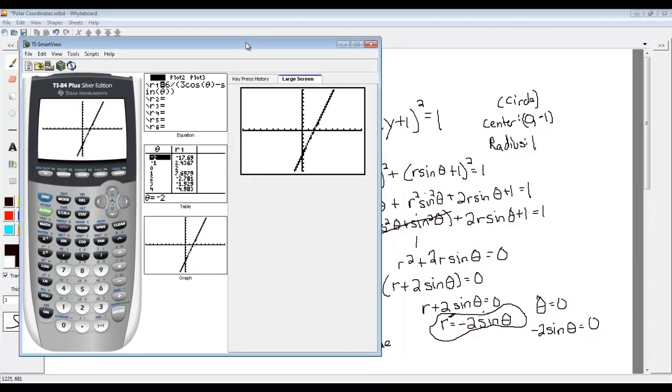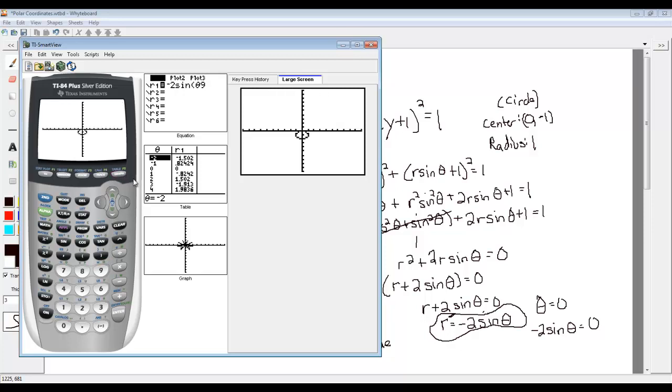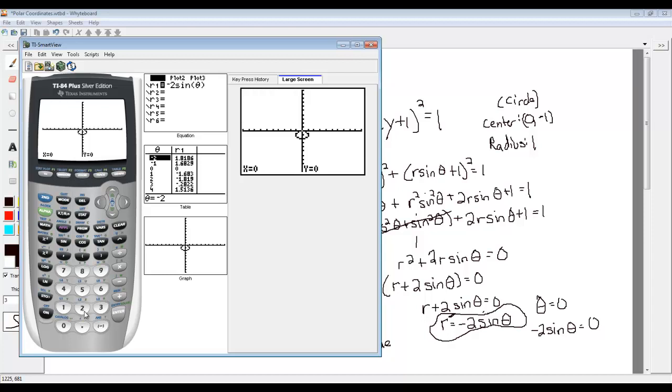Again, I'm still in polar form, and I'm going to go back to this menu, and I'm going to type in negative 2 sine theta. Oops, why did I put the sign in there? Negative 2 sine theta. Dang it, keep hitting those wrong buttons. All right. Oh, I don't like that one. Let's see here. Zoom in, number 2. Enter.